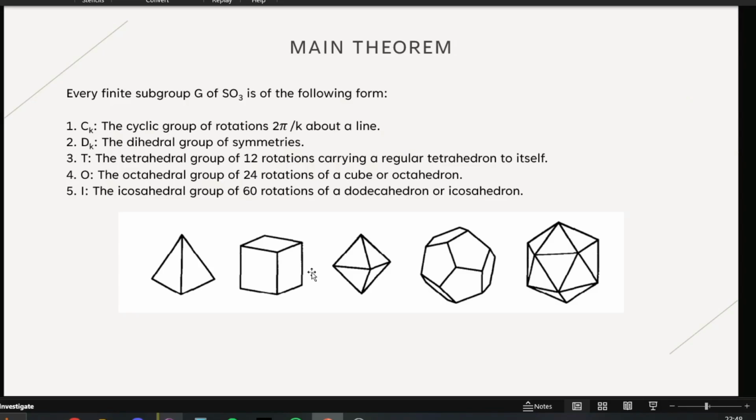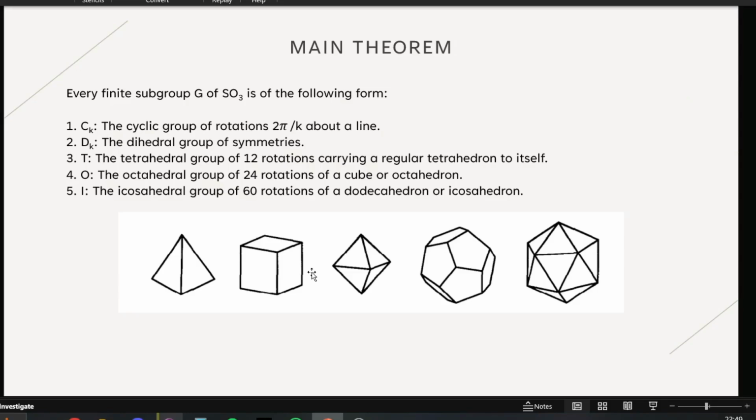The theorem we want to see is that if we have SO3, every finite subgroup G is of five forms. We have either the cyclic group of rotations about a line, the dihedral group, the tetrahedral group, the octahedral group, and the icosahedral group.